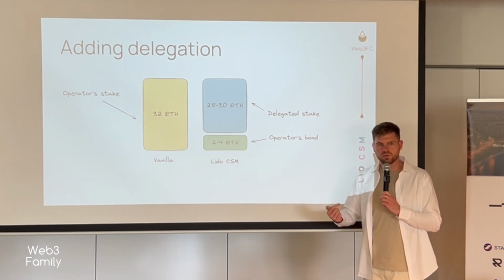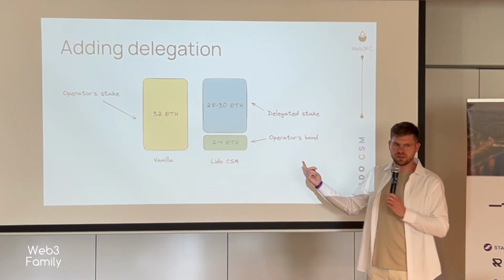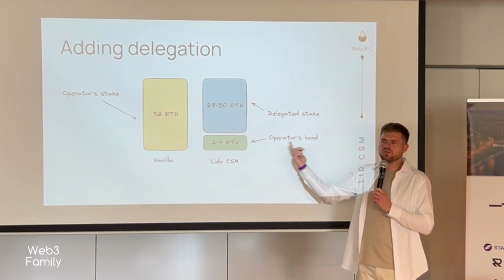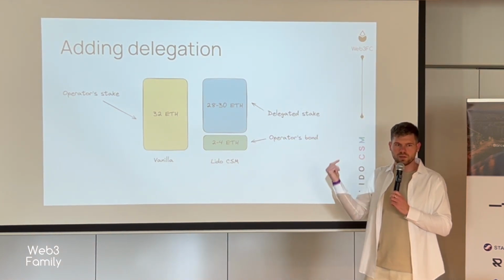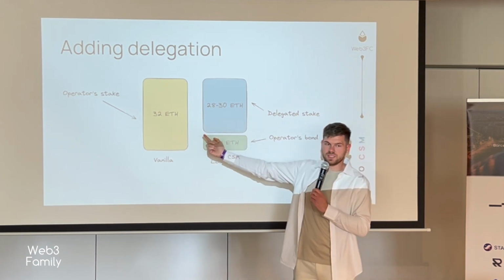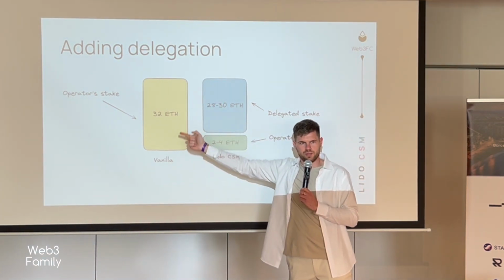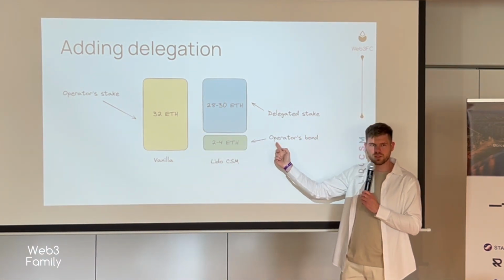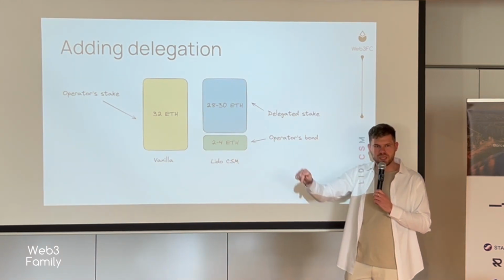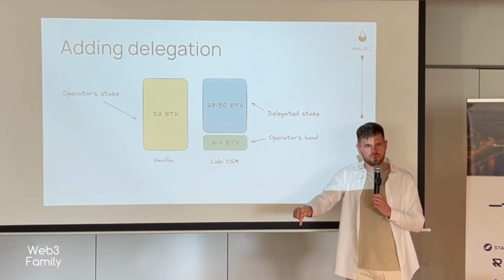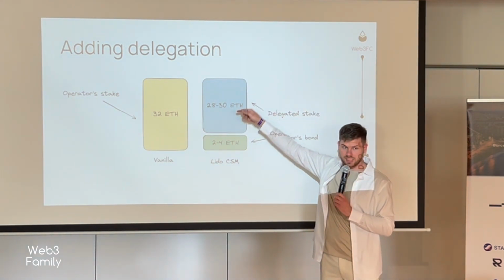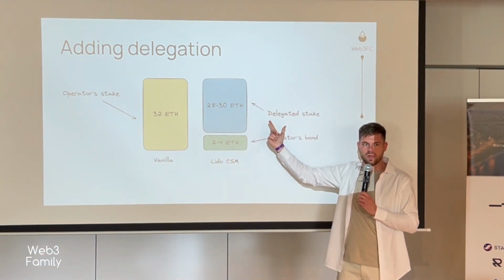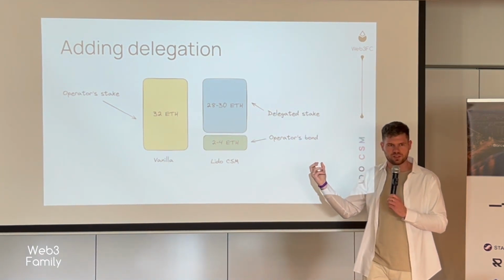If you want to really participate in the network, no one is saying that you need to run hundreds of validators. Imagine you have 32 ETH. With native staking, you need to lock all this 32 ETH. With CSM, you can lock only part of it, still be able to run a validator as an independent staker and still contribute to the network, while staking the rest, probably with Lido also, and using all these cool features of liquidity.